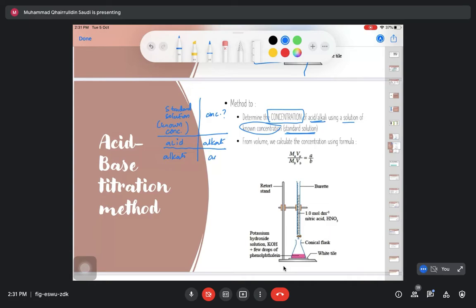Good. That is the use of acid-base titration: to find the concentration of alkali or acid using a standard solution of acid or alkali. If you use standard solution of alkali, you want to find the concentration of acid. If you use standard solution of acid, you want to find the concentration of alkali. So based on this picture, what is our standard solution?